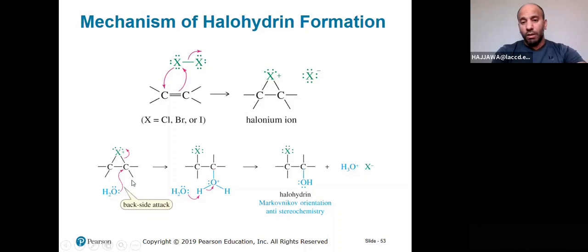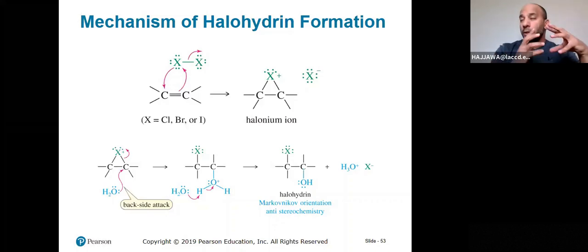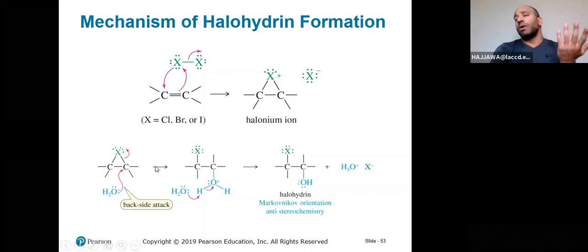Once you make that halonium ion, whether it's bromonium or iodonium or chloronium, water will attack from the opposite side of the bridged halide, and it attacks the more substituted carbon. That's important to keep in mind. If the two carbons are equally substituted, then it doesn't matter which one water attacks.